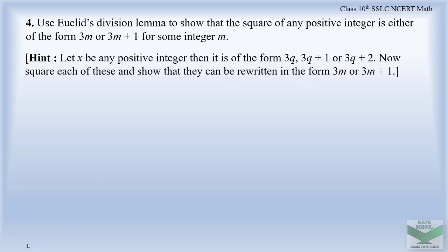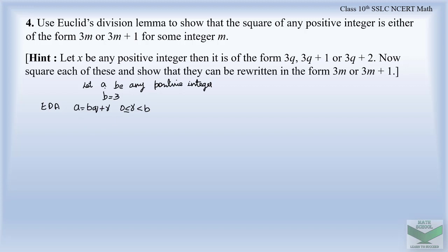So since in the question they have given us the hint to assume that x be any positive integer, we will assume here let a be any positive integer, and b is equal to 3 according to the hint given. Okay, so let us use Euclid's division algorithm now, where a is equal to bq plus r and r lies between 0 and b.